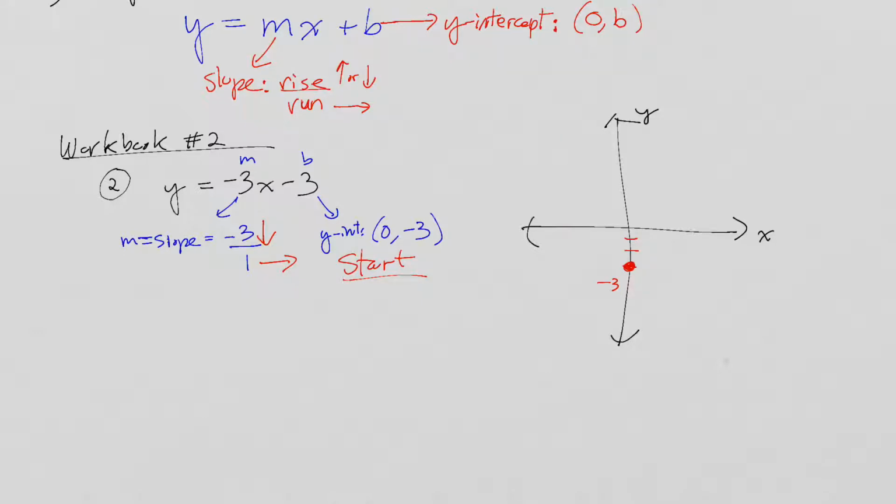So from here, we go down 3, 1, 2, 3, and then 1 to the right, which is right there. After we get that, you can basically connect the dots. So this is on the y-axis, you start and then you move down and over 1. Okay? So this is number 2.